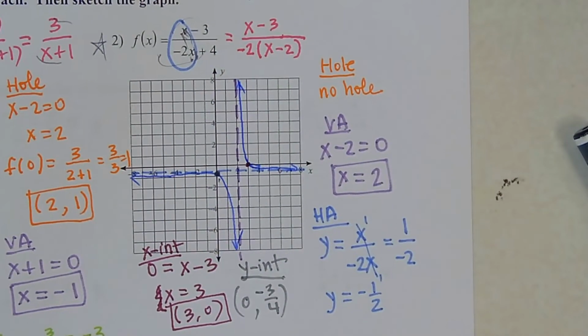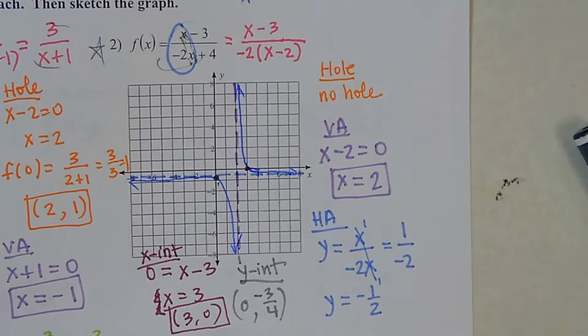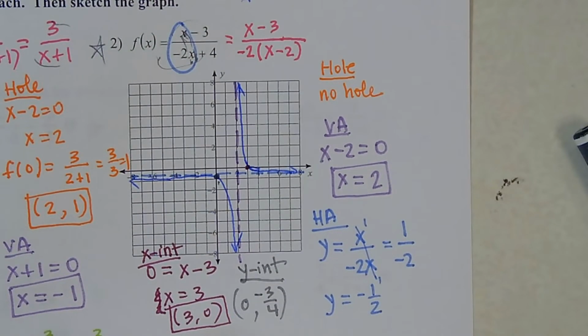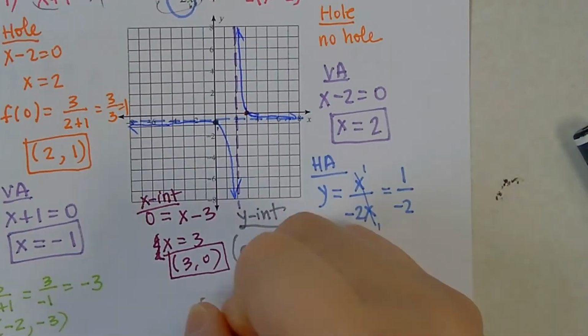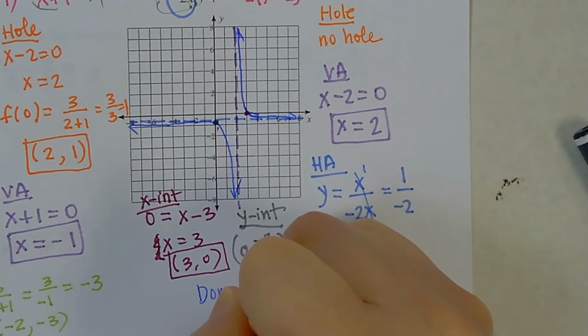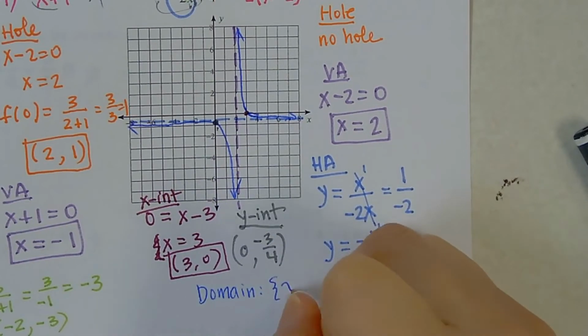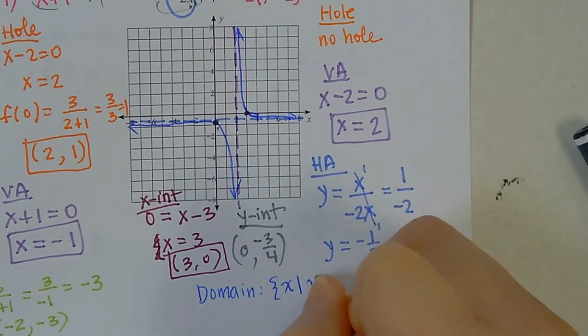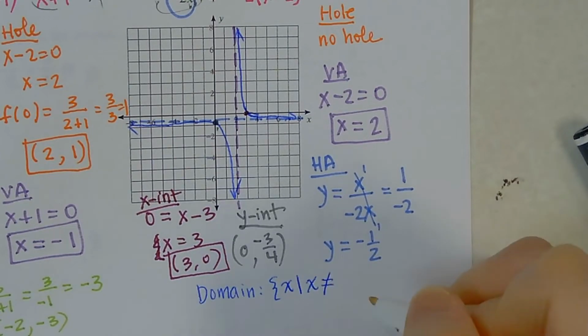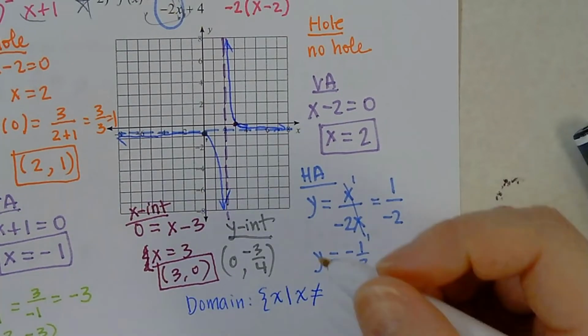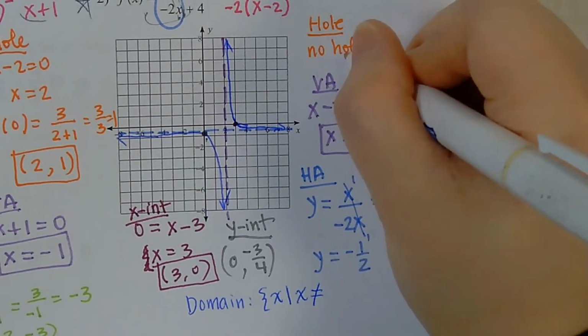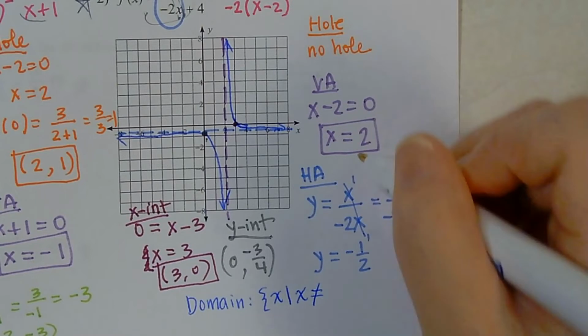You don't do that. You may have noticed, you may have been like, Miss Lee, what about the domain and range? And you're right. I totally forgot to write down the domain and range. So let's talk about that here. So the domain is for all x such that x does not equal, we're assuming that x can be all of the numbers except for, since we're doing the shorter version, it has no holes, so we can't use that, except for 2.